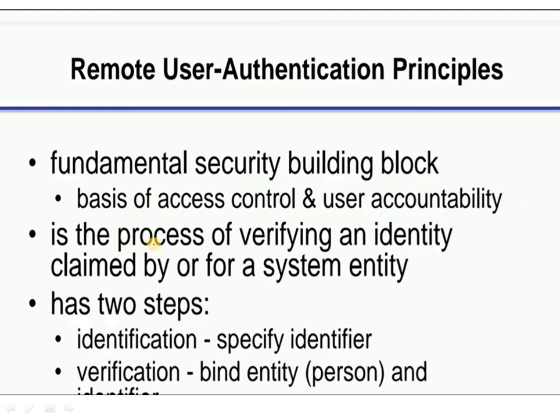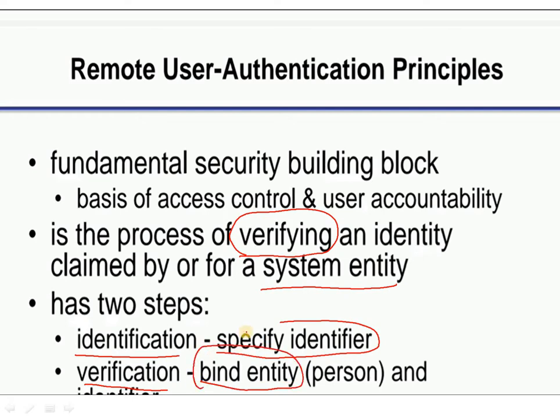It is also the process of verifying an identity claimed by a system entity. So it follows two steps here. One is identification, which specifies the identifier, and another one is verification, which binds the entity and identifier.